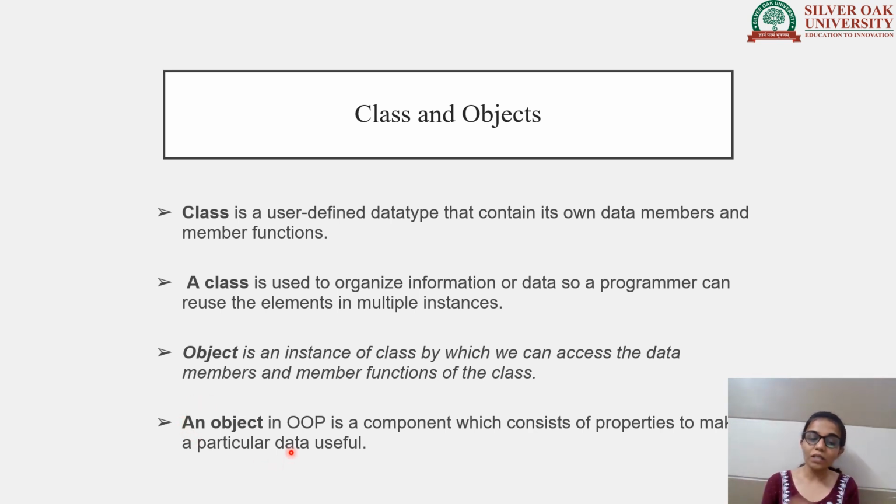So the object in OOPS is a component which consists of the properties to make a particular data useful. We can't use the class directly to access the data, so an object will be created, and that object holds the properties and is the data we can use in our programming. So an object is used to make the data useful. Let's see further.